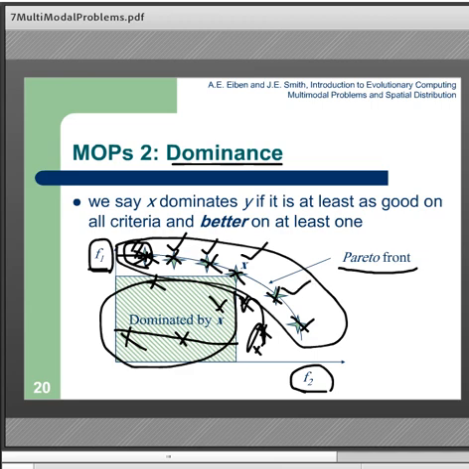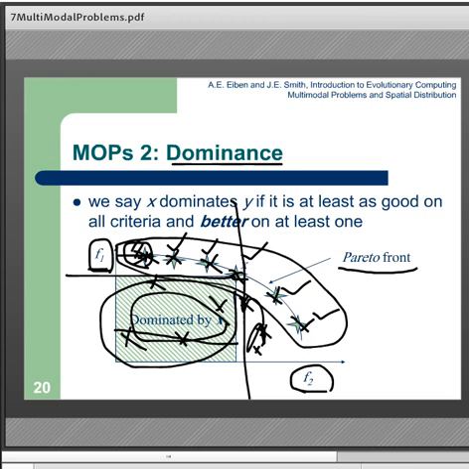All of these elements are better than this element in the rectangle, both by F1 or by F2. It is named a Pareto set or Pareto front.